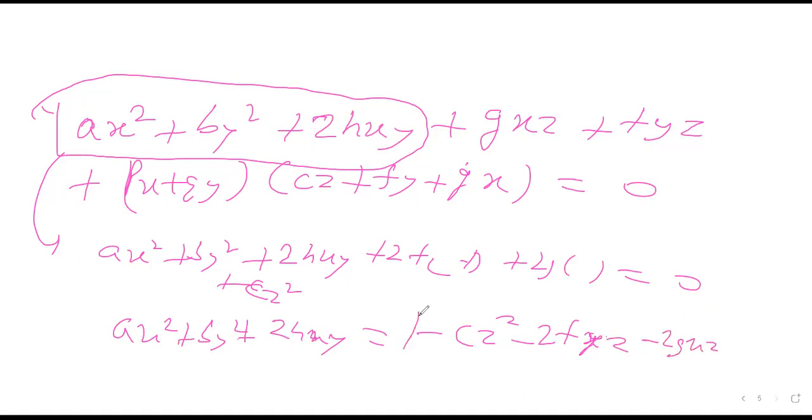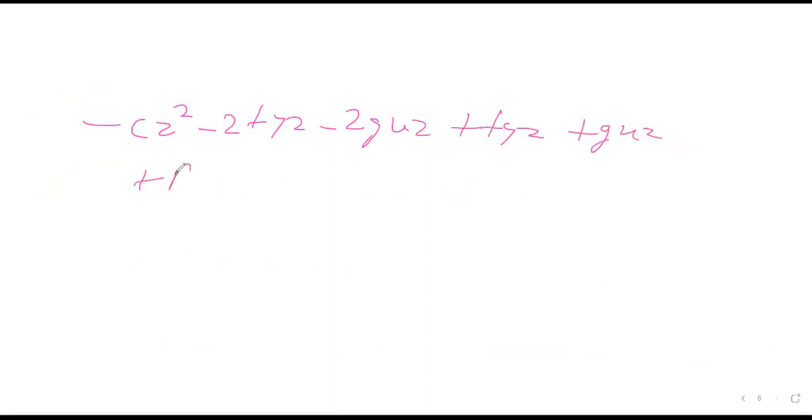Putting this in the equation, instead of ax square plus by square plus 2hxy, we will get minus cz square minus 2fyz minus 2gxz plus fyz plus gxz plus (px plus qy) into (cz plus fy plus gx) is equal to 0.